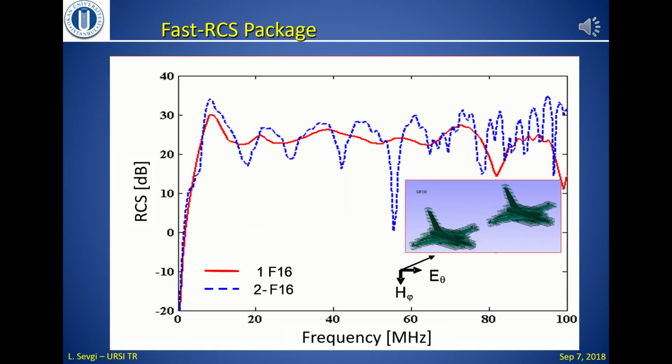For the given scenario in the picture, the red and blue curves belong to 1 and 2 F16 targets. As you can see, RCS of single target or double target may be high or low depending on the frequency and other parameters.